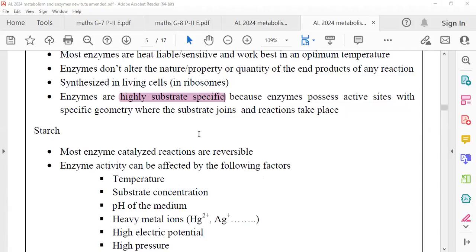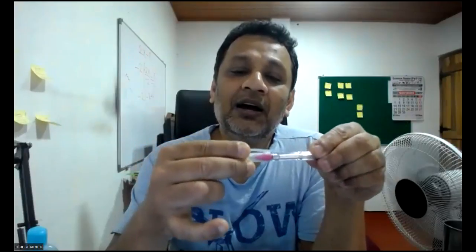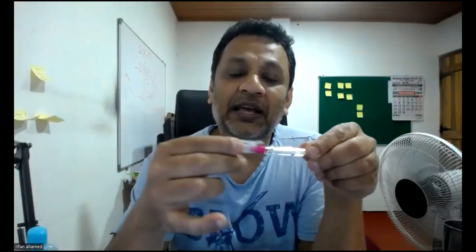Good. So now if you insert a wrong key, now to this pen, if you insert this lid, are they fitting properly?